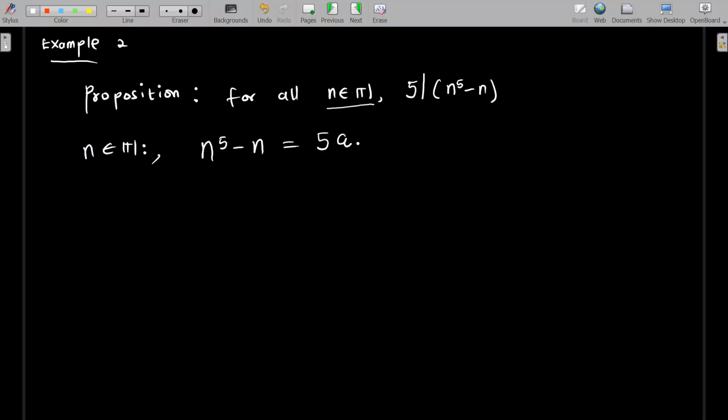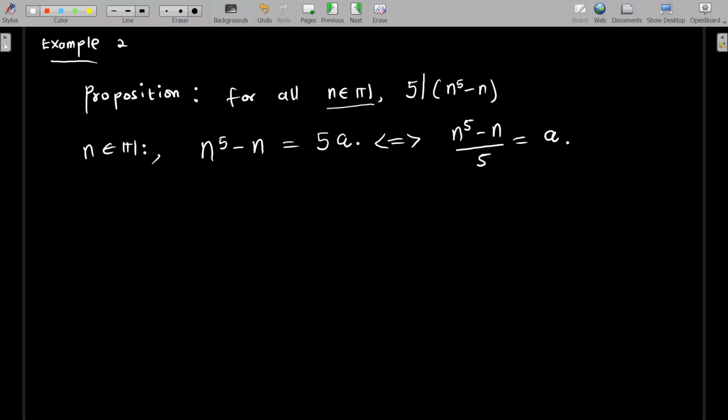Or after you simplify and divide by 5, you get some value, which is equivalent to saying that n to the 5 minus n over 5 is equal to some constant for all n in the natural numbers.